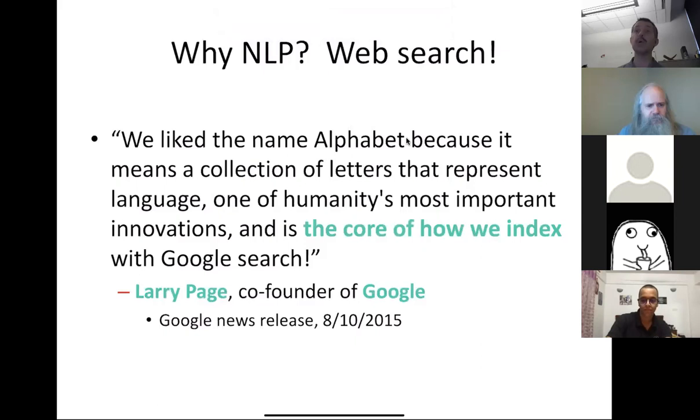It's not just Google that thinks that NLP is important. Lots of big companies and small companies are hiring NLP teams and paying them lots of money to do various kinds of natural language processing tasks. So all of the big tech companies have some NLP people. Well, I shouldn't say all.